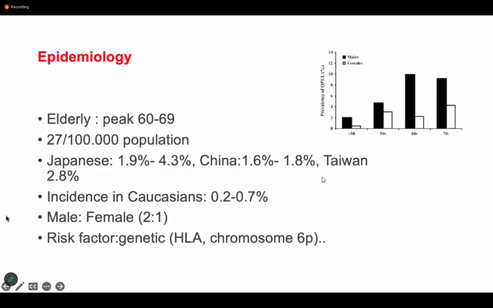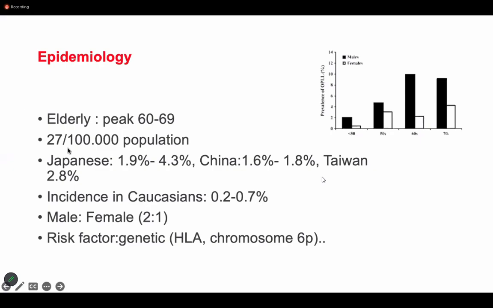About epidemiology, the first series you see here is the number from Japan. As you know, when you talk about this disease, you think about Japanese because this disease is associated with Japan and Japanese.